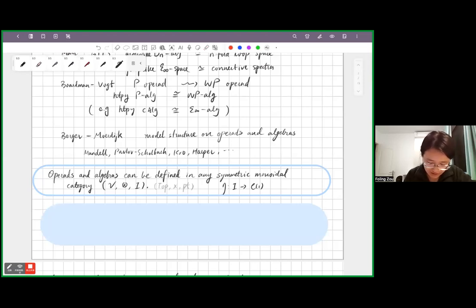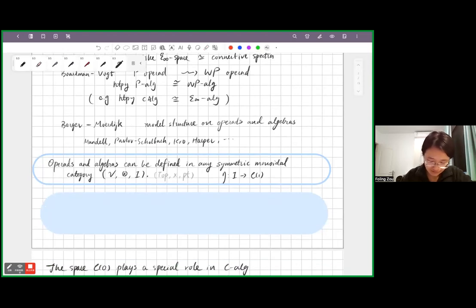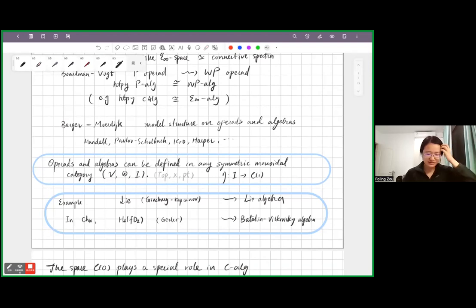And we are just replacing the cross by the tensor product everywhere and replacing the point by the unit. For example, the unit map now is going to be a map from I to C(1). And a context of this could be an algebraic context where now we take the symmetric monoidal category of chain complexes. And we would have several interesting examples.